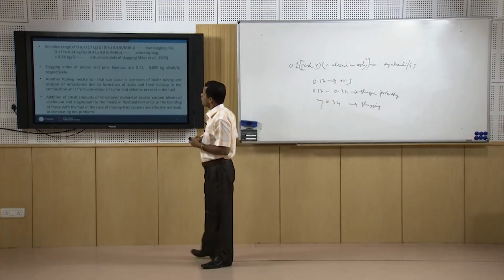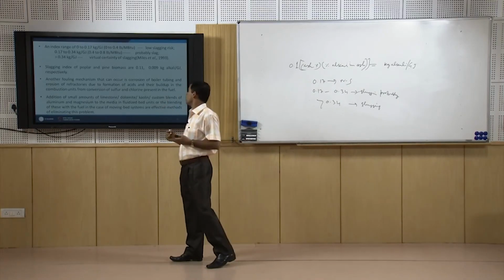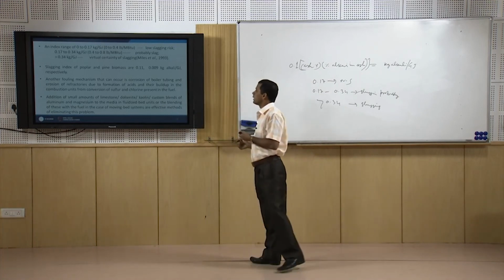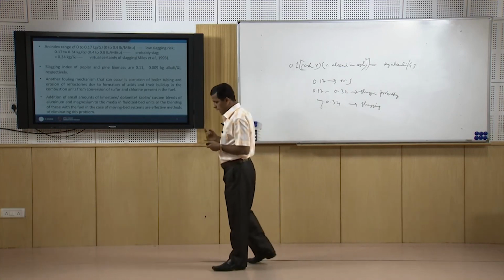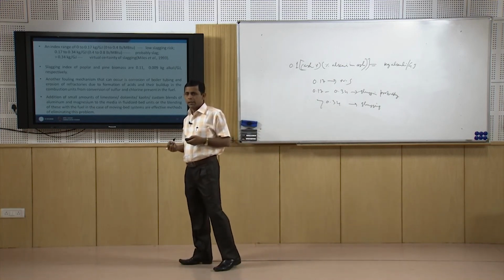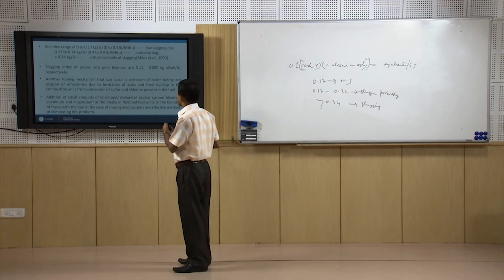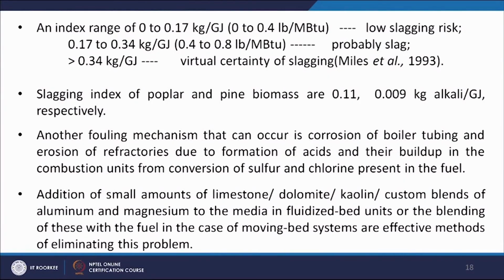The slugging index of poplar and pine biomass are 0.11 and 0.009 kg alkali per gigajoule, that means these are not slugging.